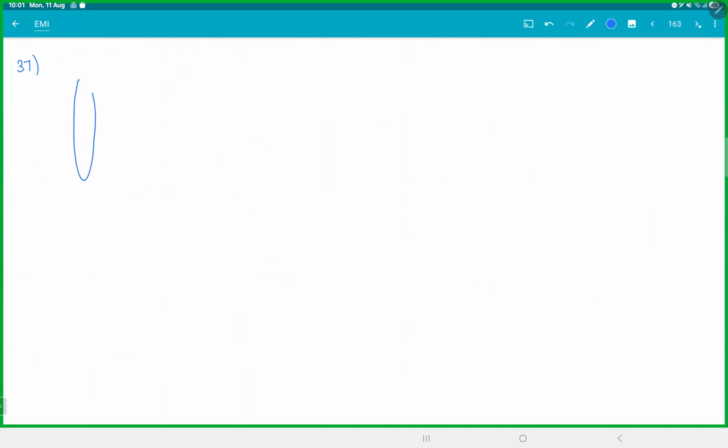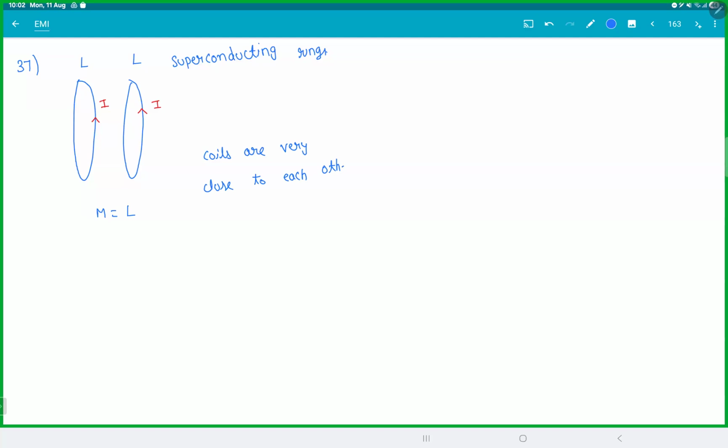You take two superconducting rings. Self-inductance L, mutual inductance is also L. Initially, this is carrying current I, this is also carrying current I. Coils are very close to each other, so we can say all the field lines from one will enter the other, and that's why M became L. So this is the initial scenario.